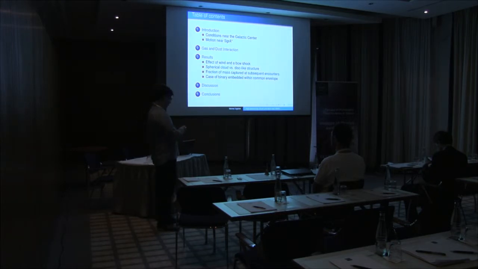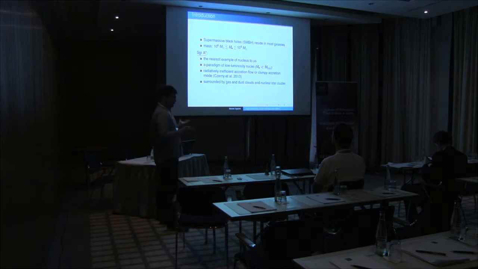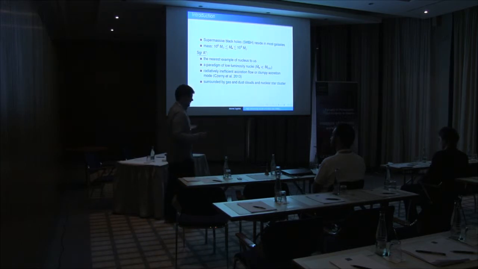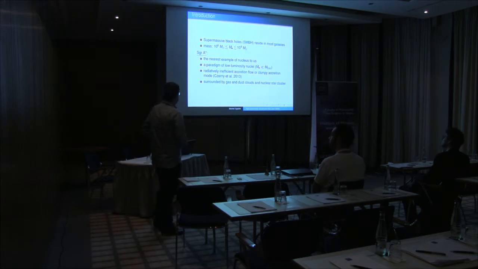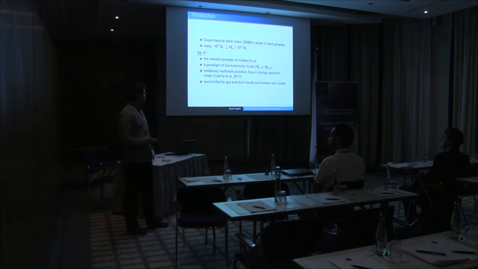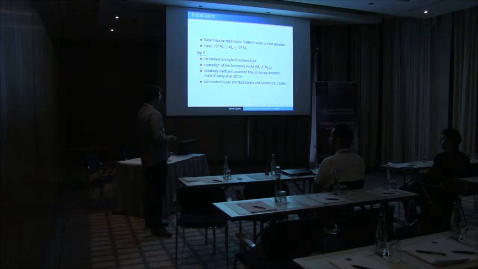and conclusions. So, as you probably all know, supermassive black holes reside in most galaxies, and their masses are in a range from a million solar masses up to a billion. And Sagittarius A* is very important because it's the nearest example of a nucleus to us, and it may be considered as a paradigm of low luminosity nuclei.